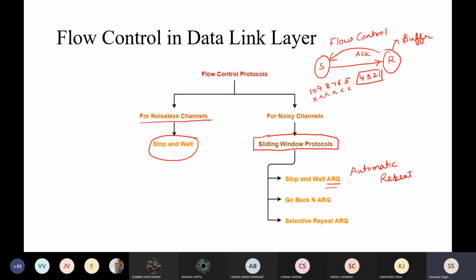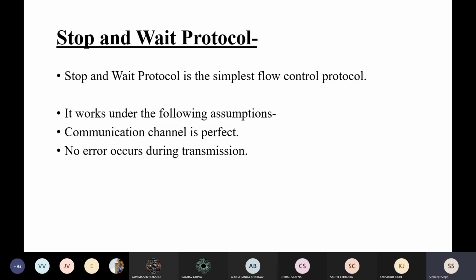Okay, so now the simplest flow control method you will find is the stop and wait protocol. I think you may have already seen it subconsciously. If you take a sender and a receiver, you just send the packet to the receiver, and the sender will stop when one packet is sent.